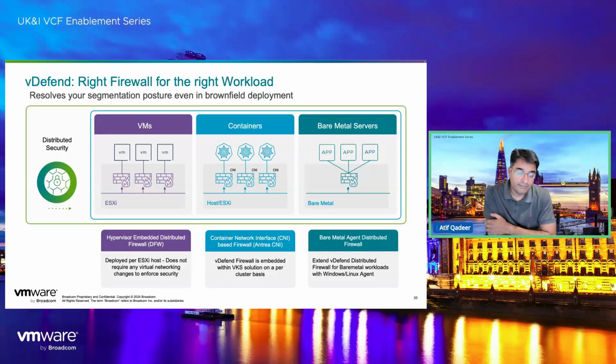The only method for a bare metal server to participate in the security data plane from a vDefend perspective is by pushing an agent into the bare metal server, and then that bare metal server can have the same policy that could be applied end to end.